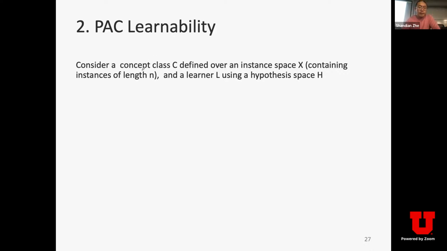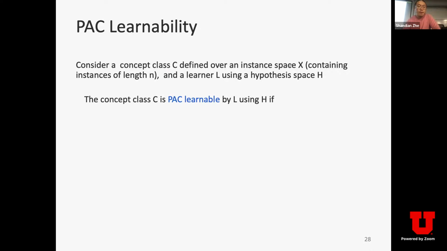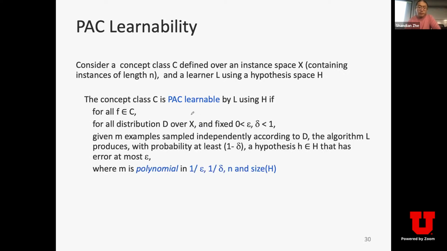Consider a concept class C, namely a type of target function, defined over an instance space X, which contains the number of features N. And we say a learner L using a hypothesis space H can probably approximately correctly learn concept class C if the following conditions hold.